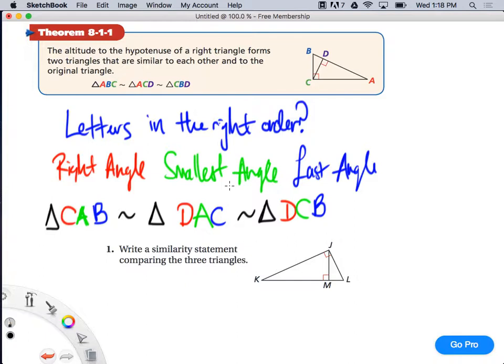J is the right angle, that's good. But L is not the smallest angle.